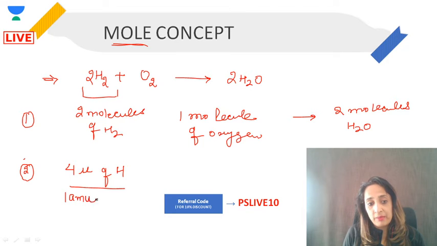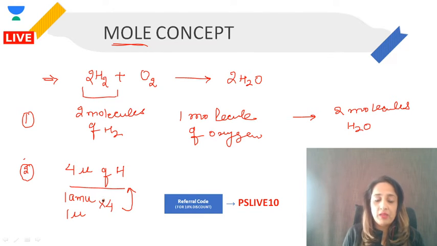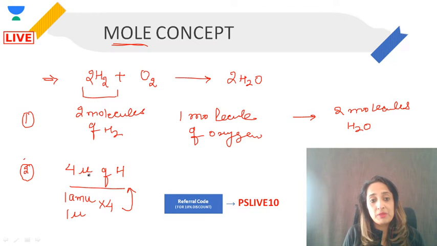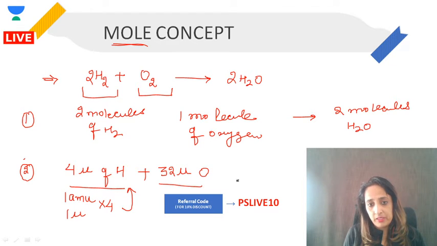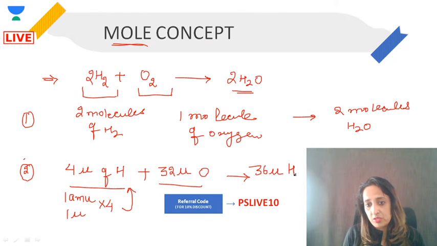We write it 1 AMU or 1 U. But if there are 4 of them, we multiply with 4 and this is what we get. 4 atomic mass units of hydrogen combine with, let's do the same thing for oxygen, 32 atomic mass units of oxygen, to give us, and the total will be 36 atomic mass units of water.